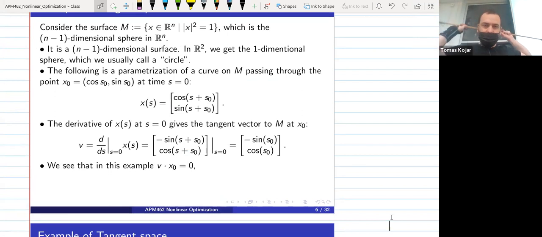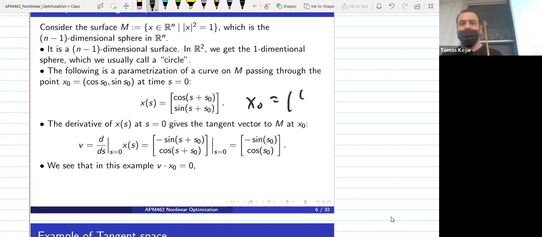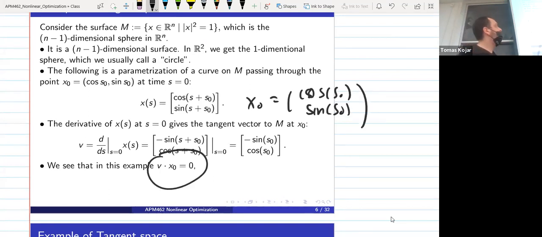Note the following cool fact. x naught is equal to cosine of s naught and sine s naught. Can someone tell me why this last one is true? Or you can just take the dot product.